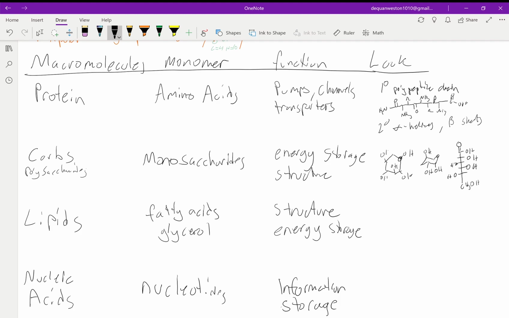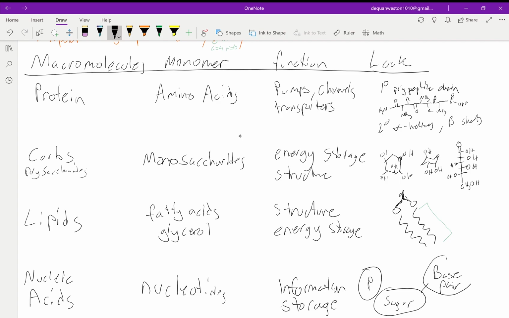With your lipids, you're going to see something like this. It could be anything. It could be a phosphorus here, nitrogen, but just know this is what you're looking for. If you see these long fatty acid tails, that's how you know you're working with a lipid. And then nucleic acids, you have your phosphorus hooked to your sugar hooked to your base pair.